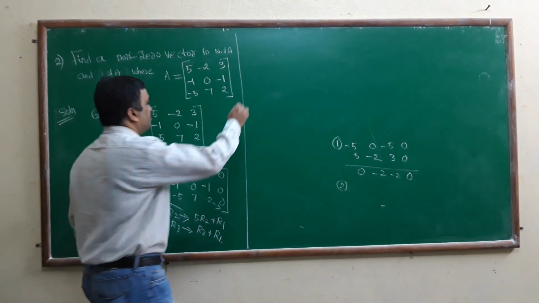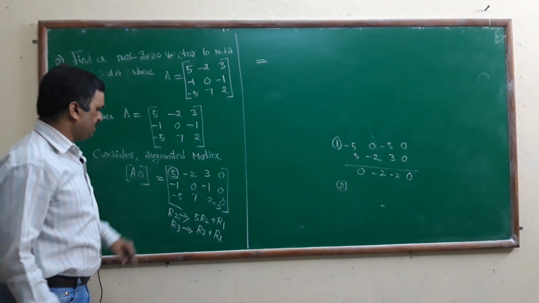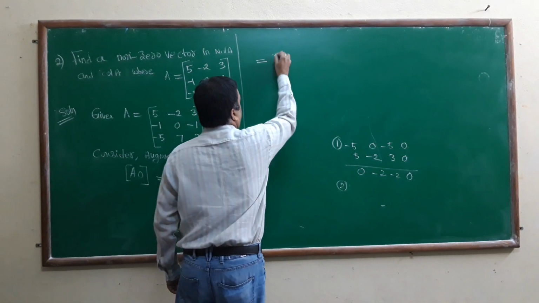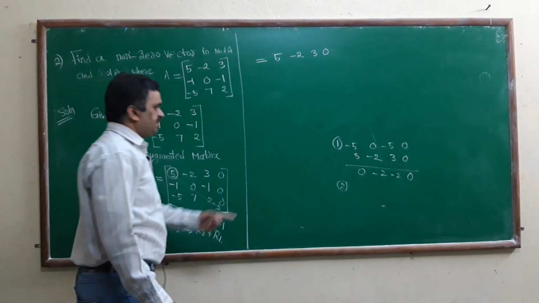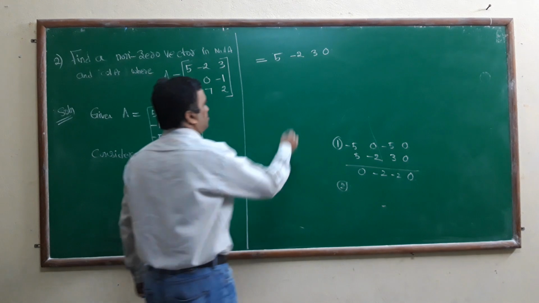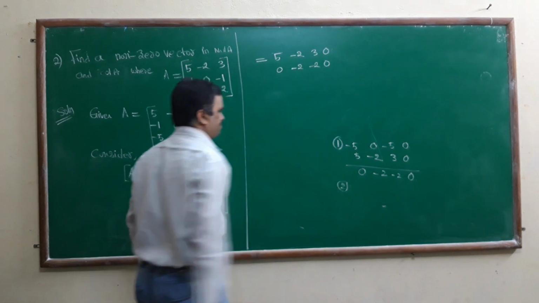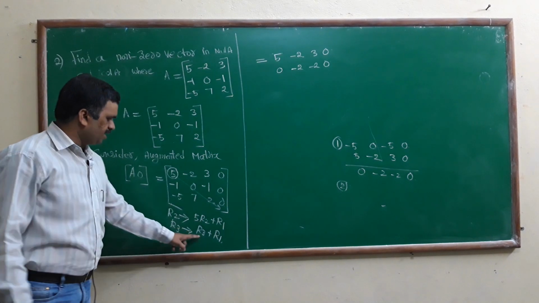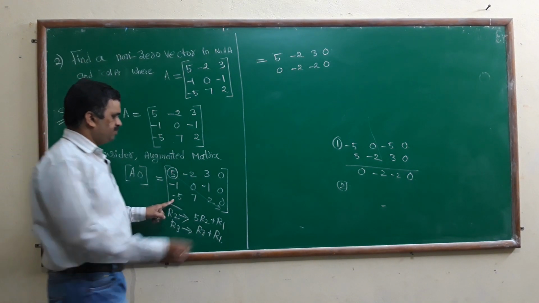So the augmented matrix is: first row as it is, 5 minus 2 3 0. Second row now we did: 0 minus 2 minus 2 0. And R3 plus R1: 5 plus minus 5, 0.